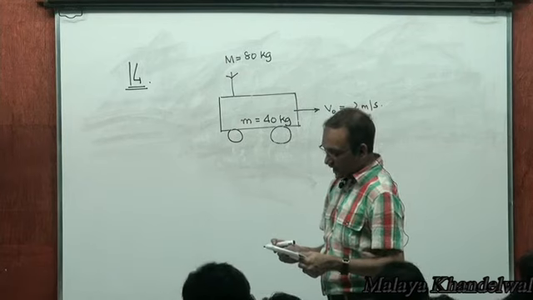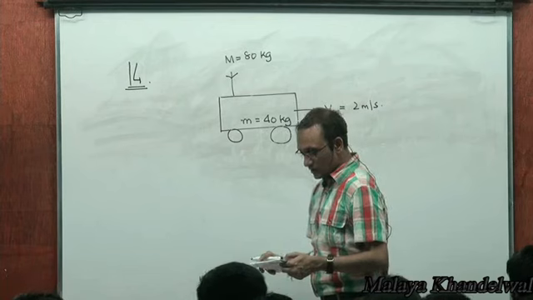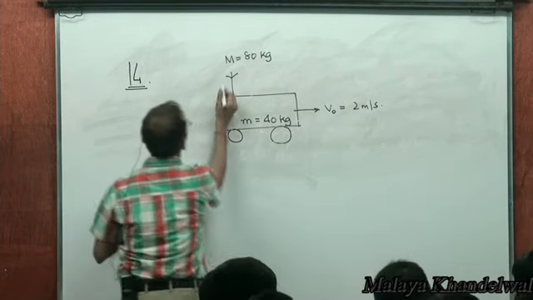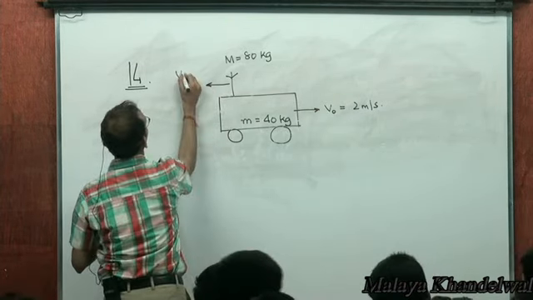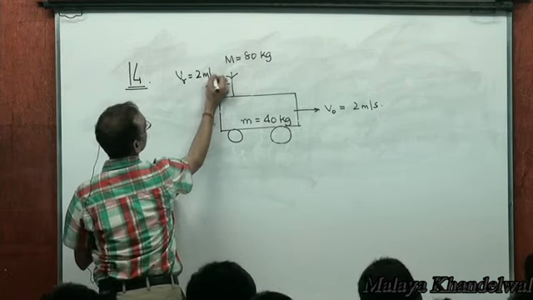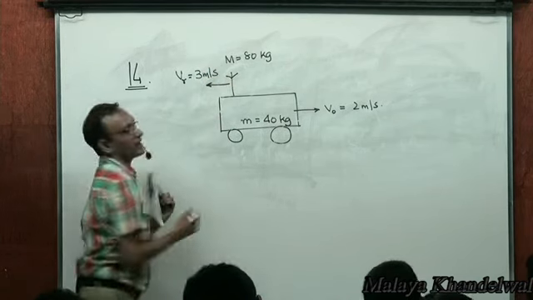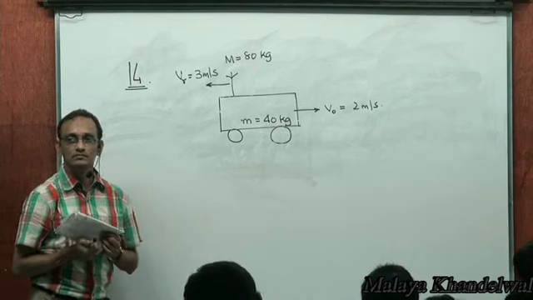He is running on the cart so that his relative velocity is 3 meters per second in the direction opposite to the motion of the cart. That's given, right?